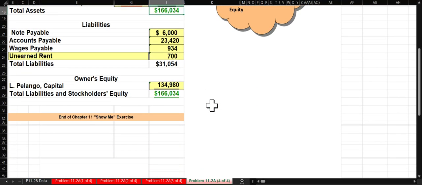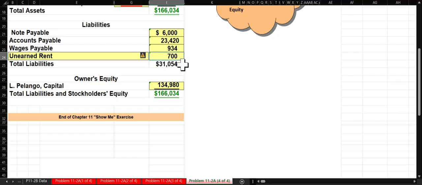Then we move down to our liabilities. We have current liabilities, the notes payable, the accounts payable, the wages payable. This resulted from our adjusting entry. And then we have the unearned rent. This is the amount that we still haven't earned yet. And so that is a liability.